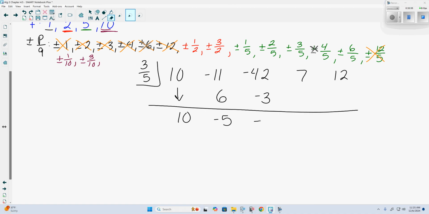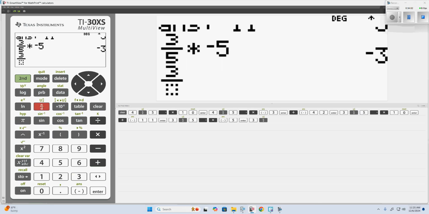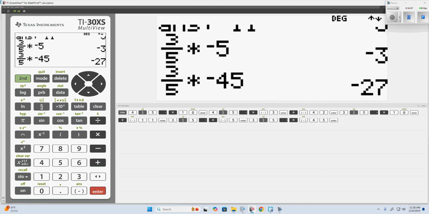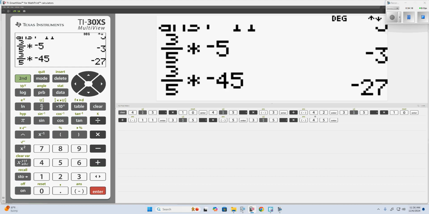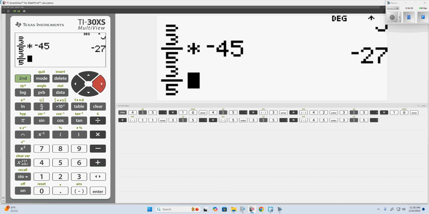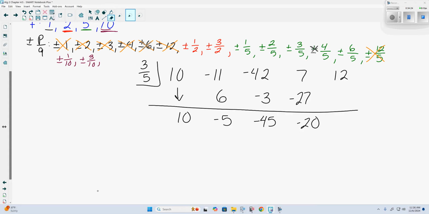Negative 42 plus negative 3 is negative 45. 3/5 times negative 45 is negative 27. Negative 27 plus 7 is negative 20. 3/5 times negative 20 is negative 12, and 12. Hey, we got it.